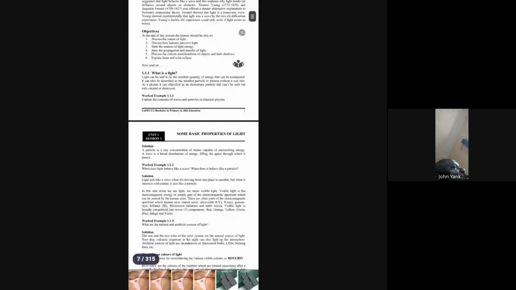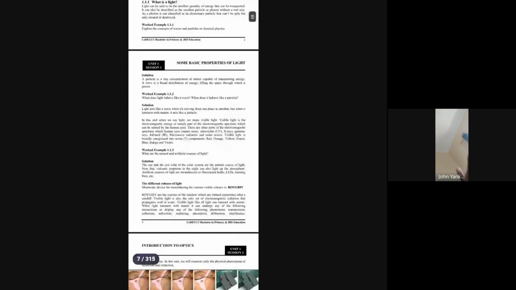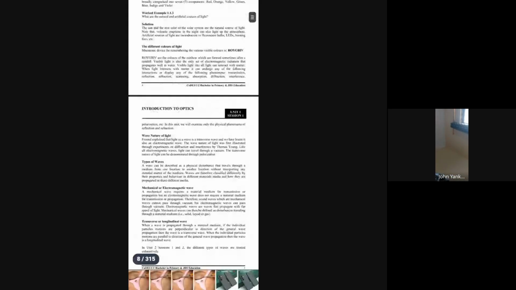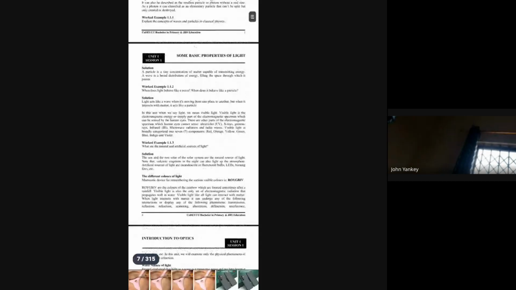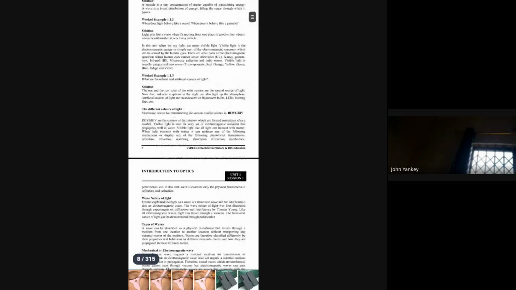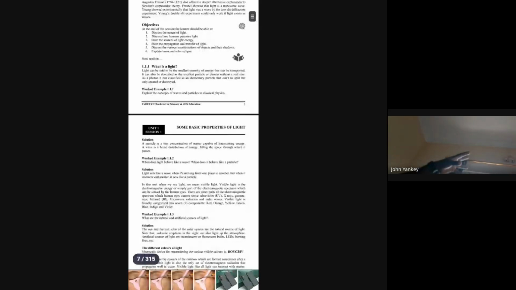The question is, how do we see things? How do our eyes see objects around us? How do you see the book that you are holding? For you to see any object, there must be a luminous body around.